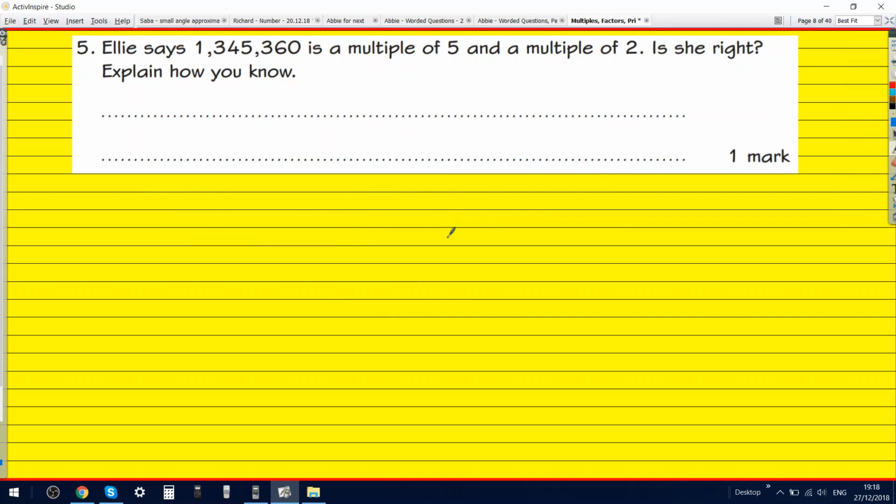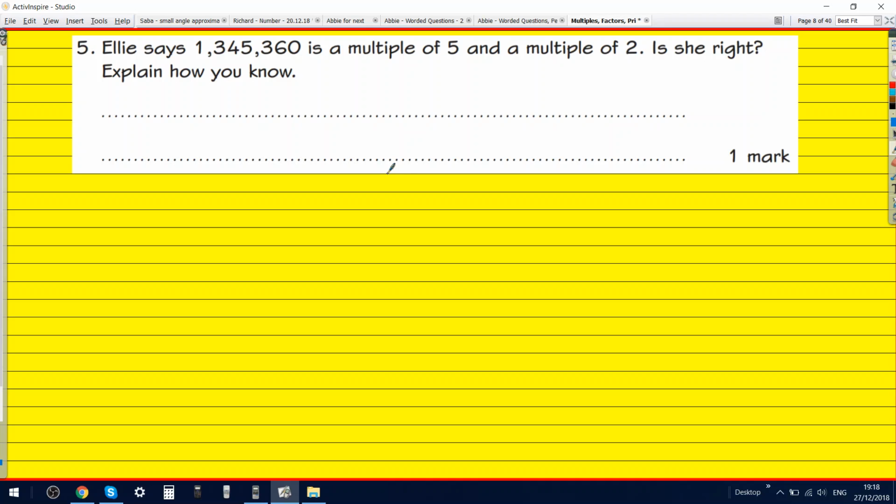Okay, how do we do this? Eddie says 1,345,360 is a multiple of 5 and a multiple of 2. Is she right? Explain how you know. Well, it's obviously a multiple of 5 because all of the numbers in the 5 times table end in either a 0 or a 5.